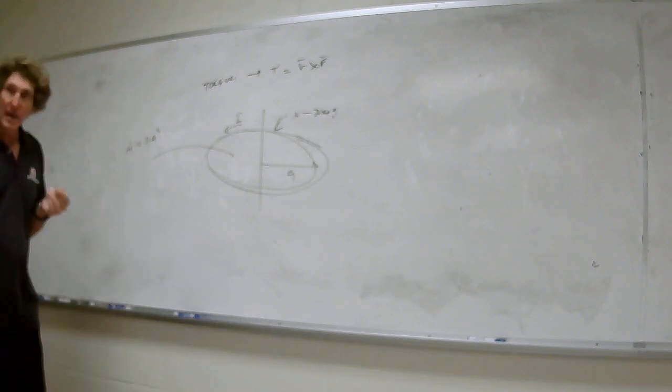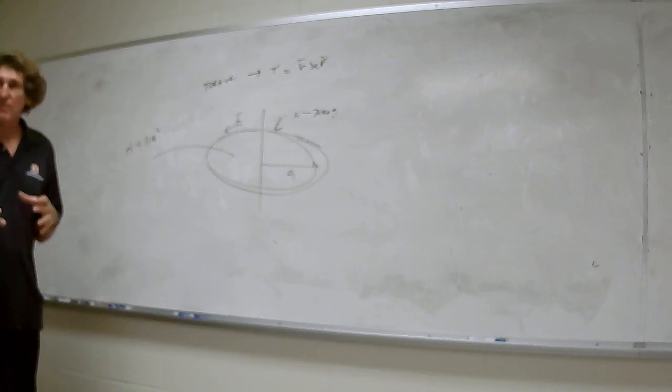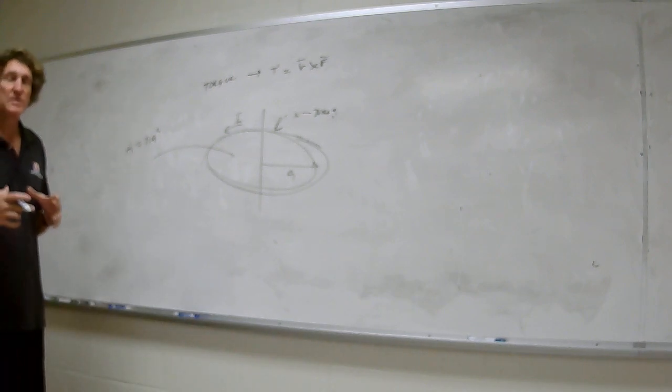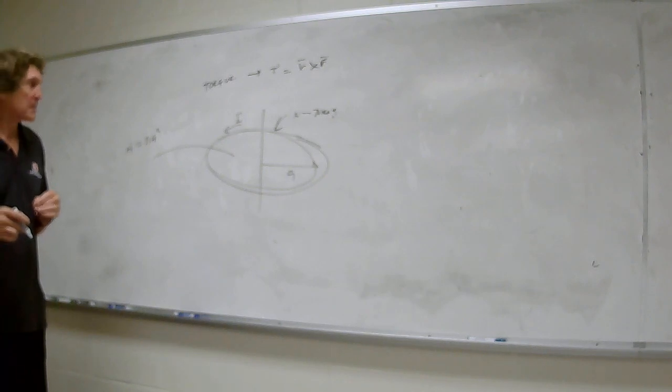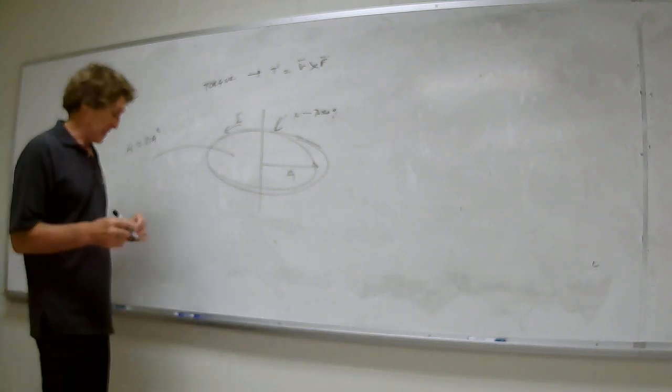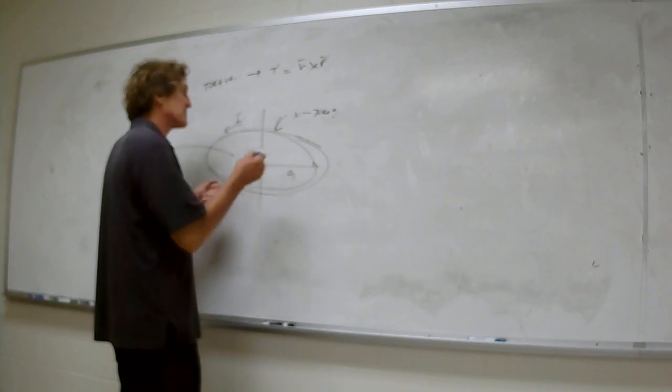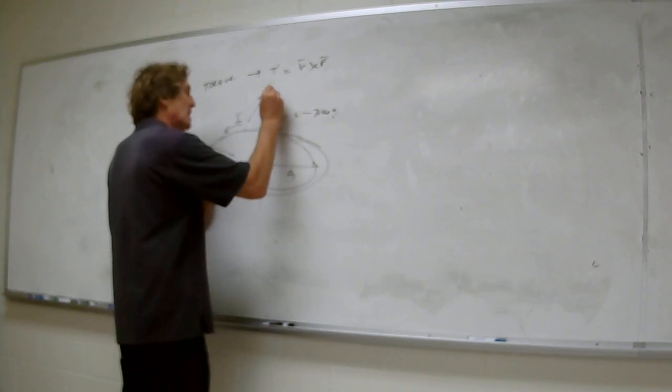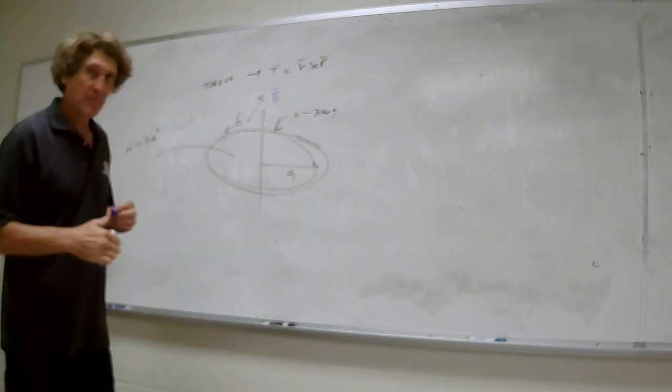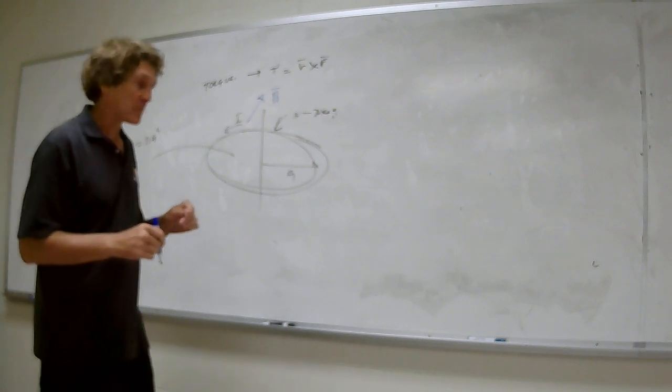Can you all follow me? I'm trying to show you a bunch of turns, tightly wrapped, not much difference in the spacing. And we have a B field, and assume it's uniform everywhere, and you want the torque about that loop.